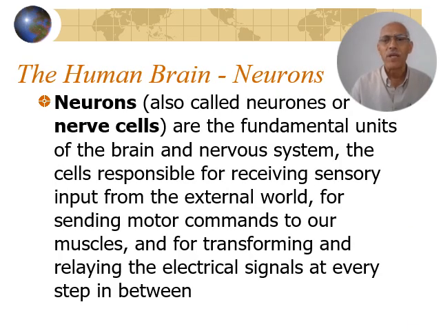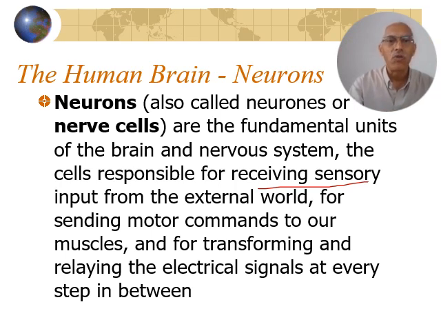Now, our brains, the way it is designed, we have these things that are called the neurons, nerve cells. These are fundamental units of the brain and the nervous system. The cells are responsible for a few things here that we can see: for receiving sensory input from outside. Any sensory things from outside, it comes through the neurons.